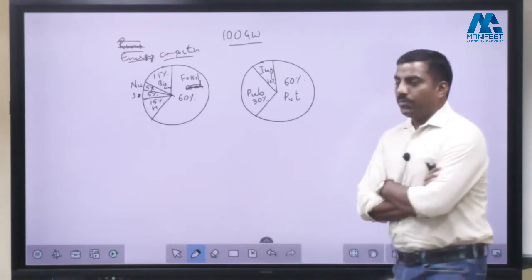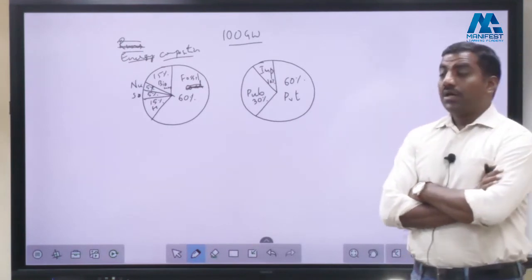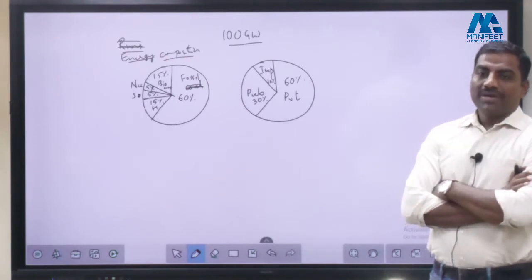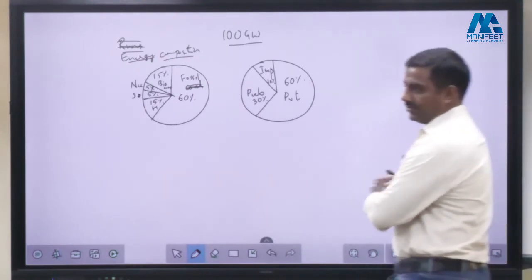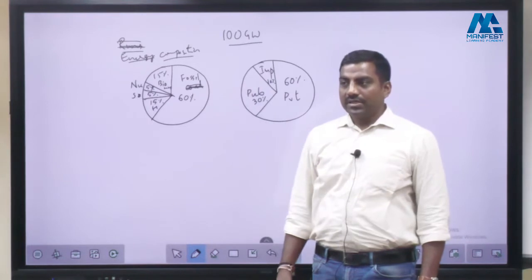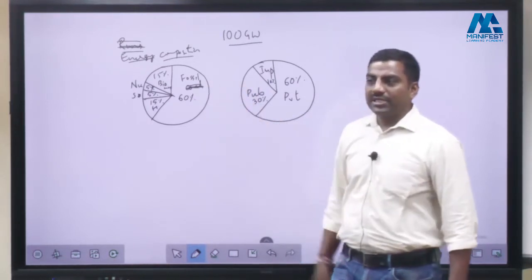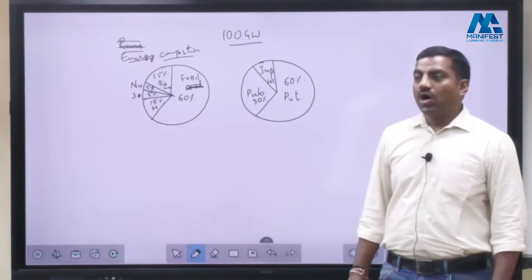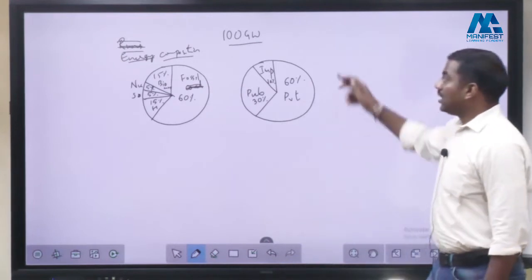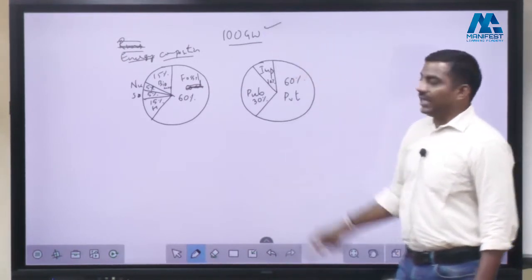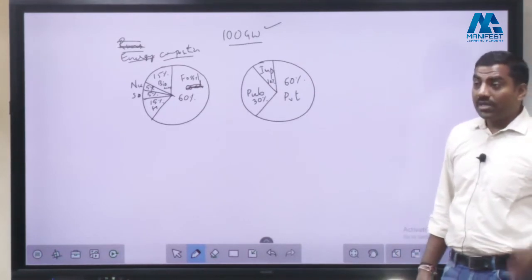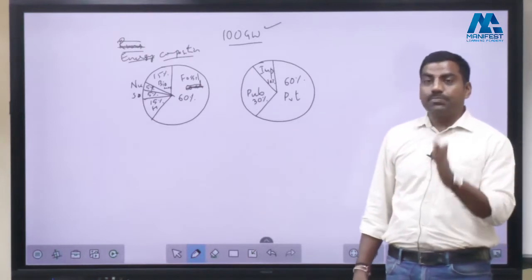In this 60%, you have to take 30%. So 30% of 60% is 18%. So if India has an energy composition of 100 gigawatts, 18 gigawatts is from public sector coal-based power plants.